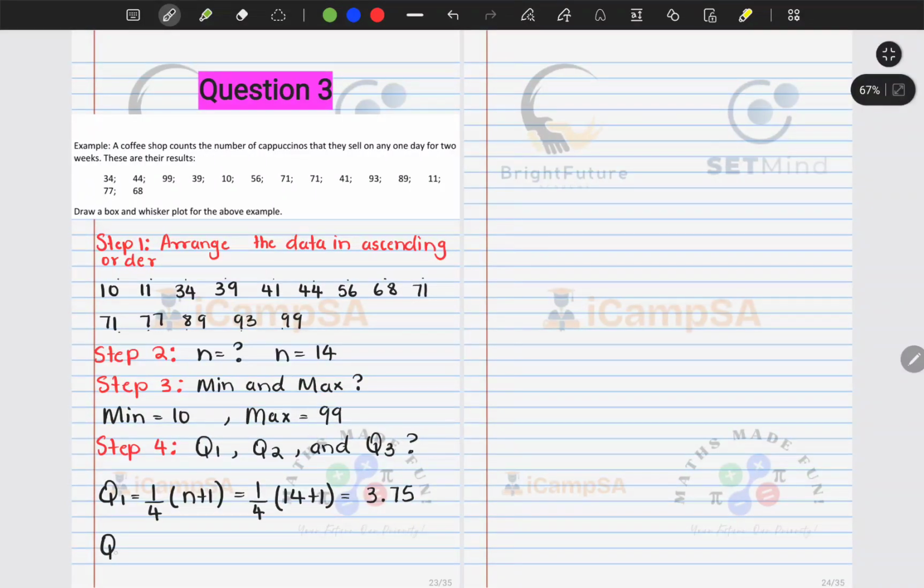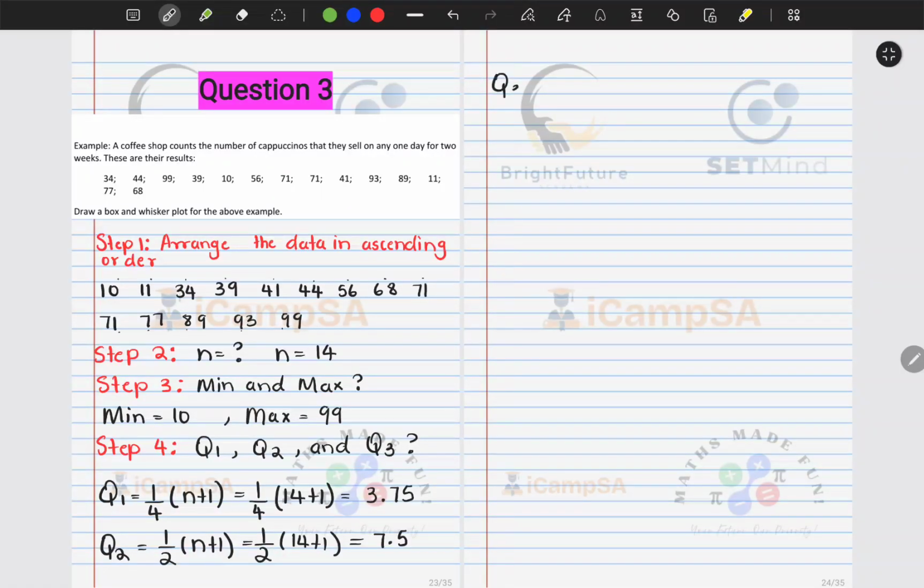Now let's go to Q2. With Q2, we have half of n plus 1, which is going to be 1 over 2 times 14 plus 1, that's going to be 7.5. So that is what we have.